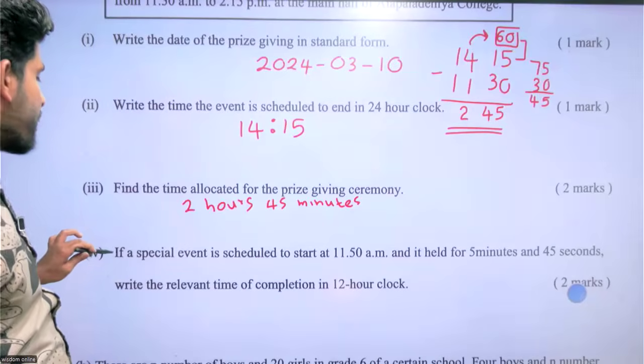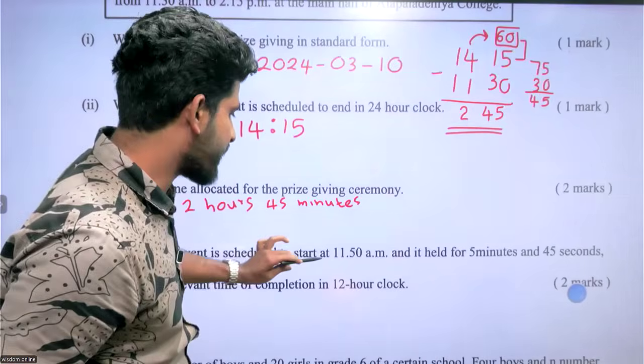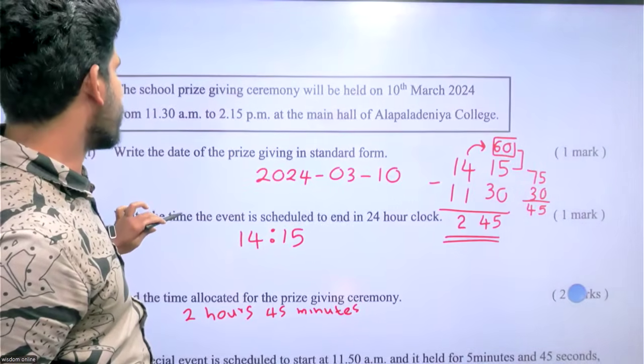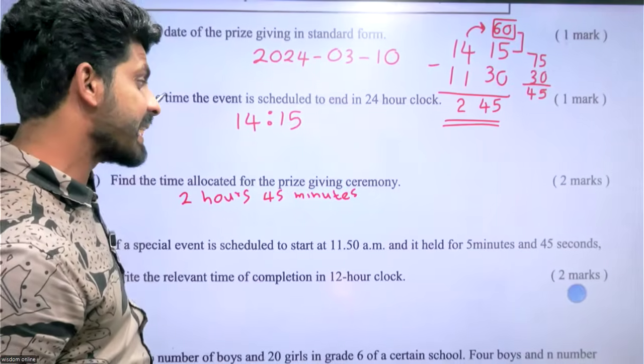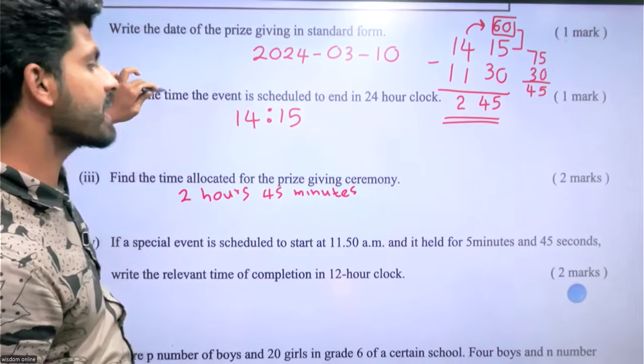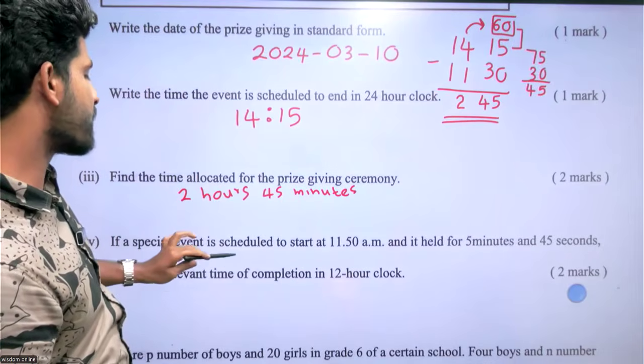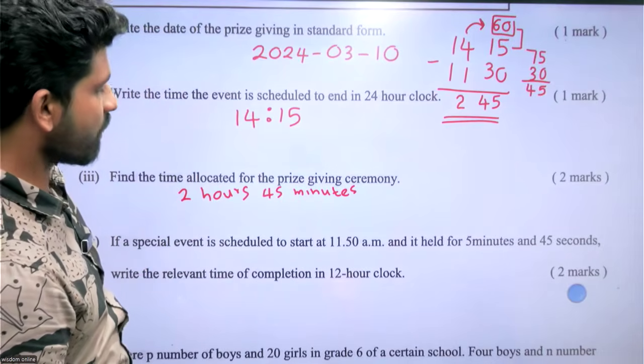Section number 4. If a special event is scheduled to start at 11:50 a.m. and it is held for 5 minutes and 45 seconds, write the relevant time of completion in 12-hour clock.